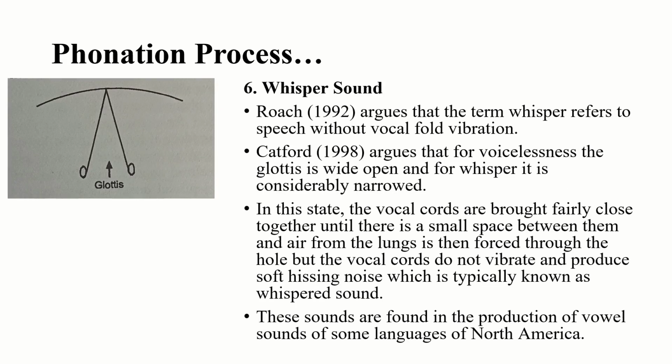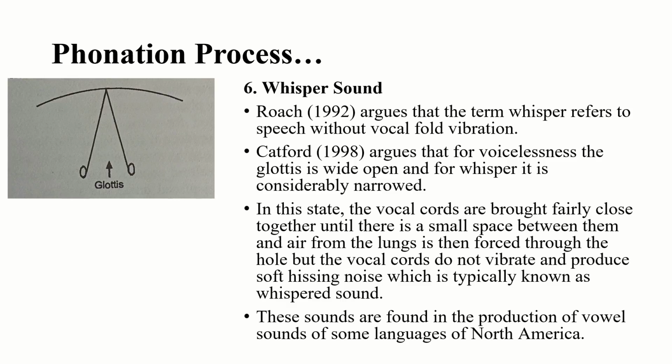And next one is whisper sound. In the production of whisper sound, the state of the glottis is shown in the picture. So, vocal cords are not tightly together. They are a little bit apart, and there is a small gap between vocal cords. In the production of voicelessness, the glottis is wide open. Okay, don't be confused between voicelessness and whisper sound.